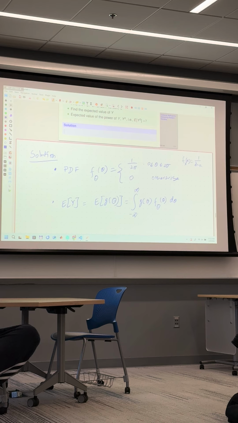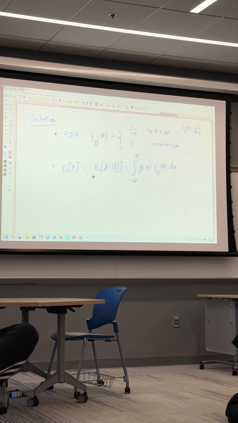Now everything else is 0 except between 0 to 2 pi. So you just substitute these values and you have integration from 0 to 2 pi.